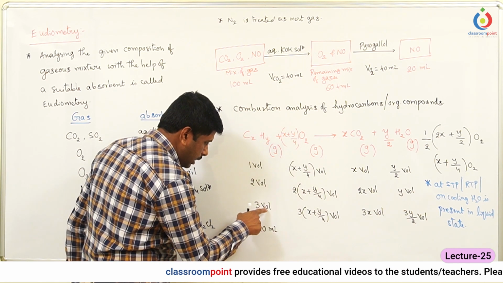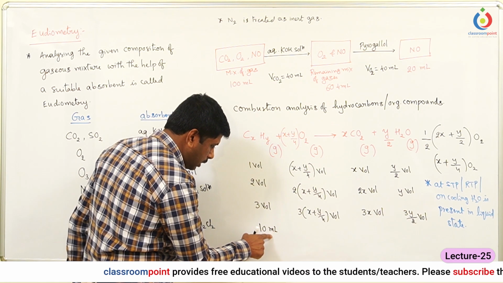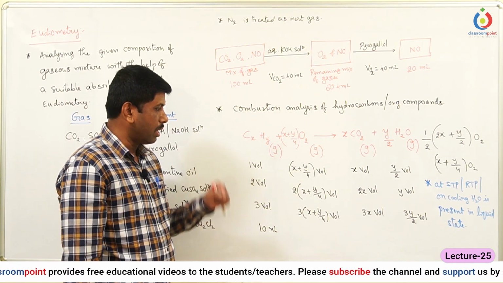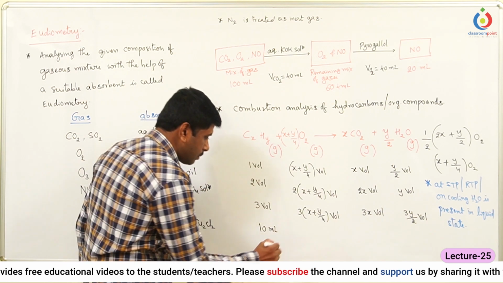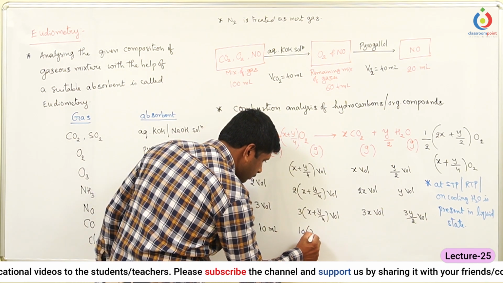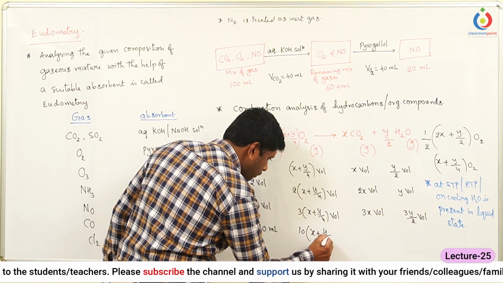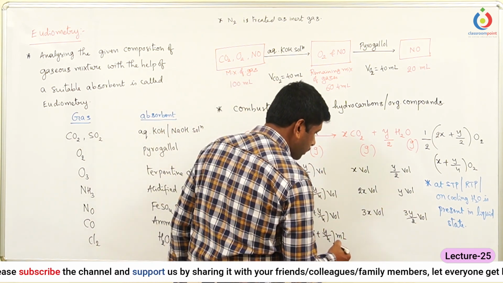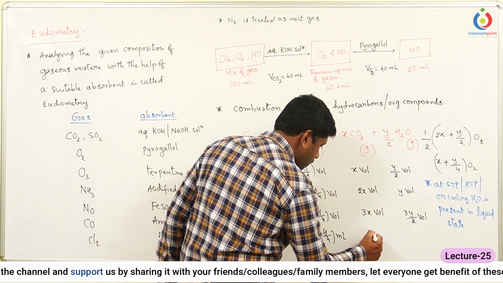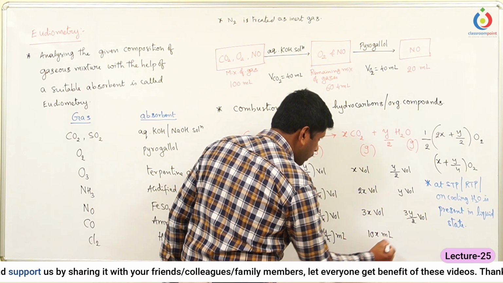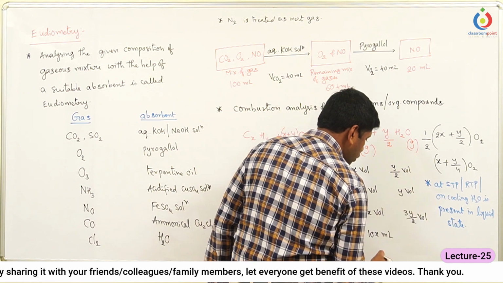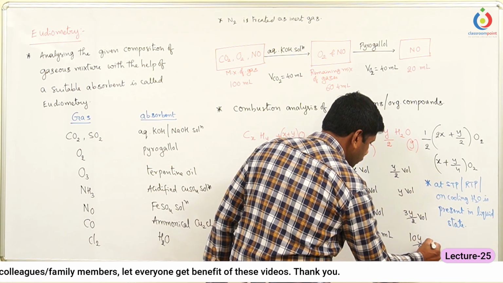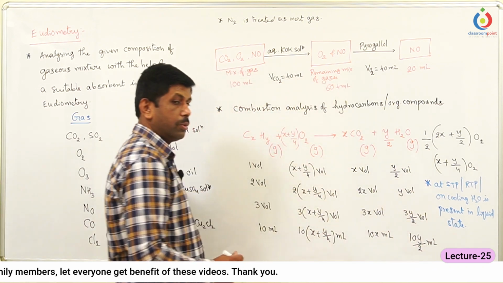See that instead of the volume terminology, now I am taking the units directly. If you take 10 ml of the hydrocarbon, it needs 10 into x plus y by 4 ml of oxygen for its combustion and will produce 10x ml of carbon dioxide and also will give 10y by 2 ml of the H2O.